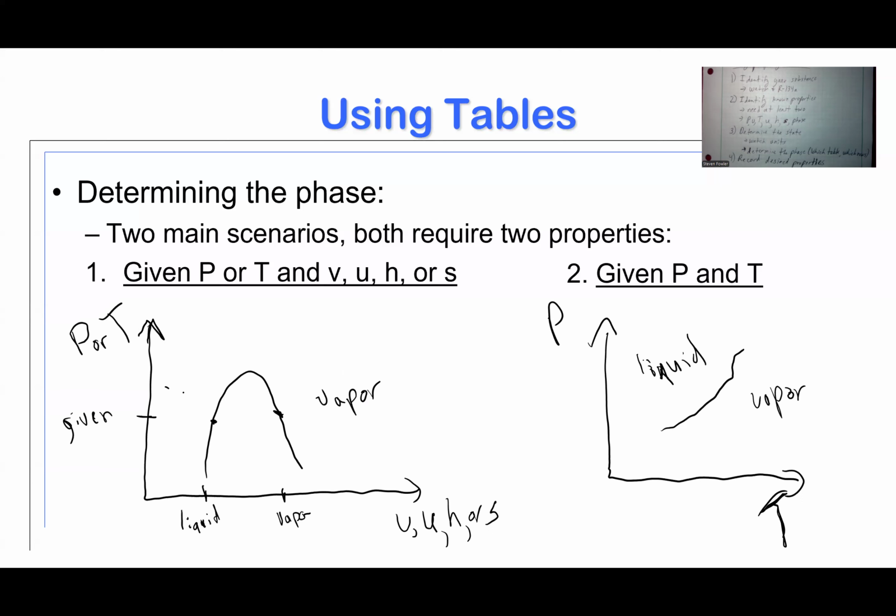I've got compressed liquid on the left, and I've got superheated vapor on the right.